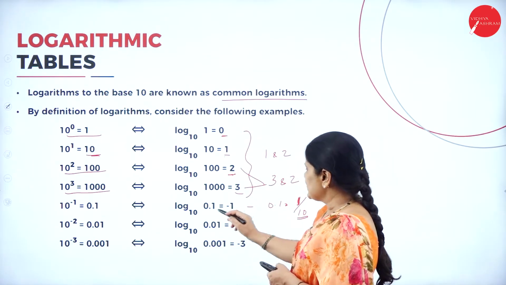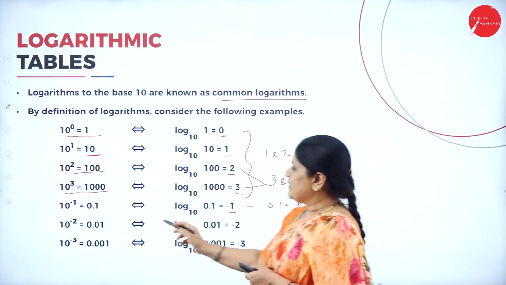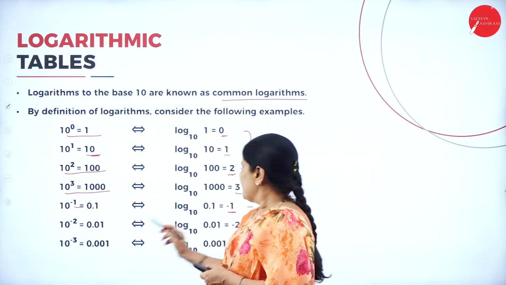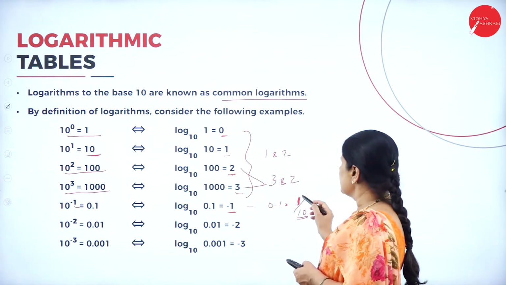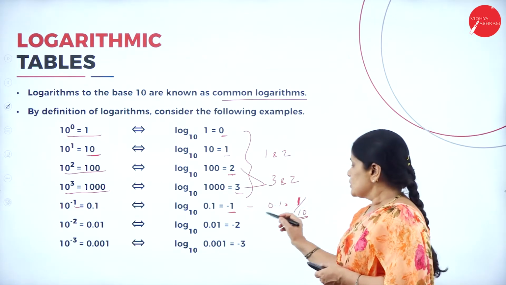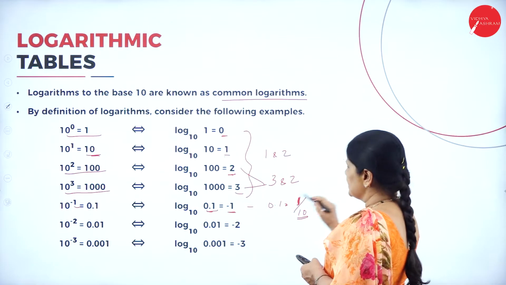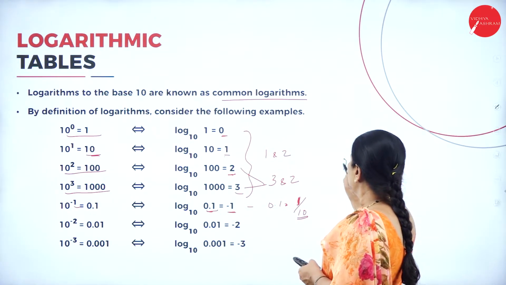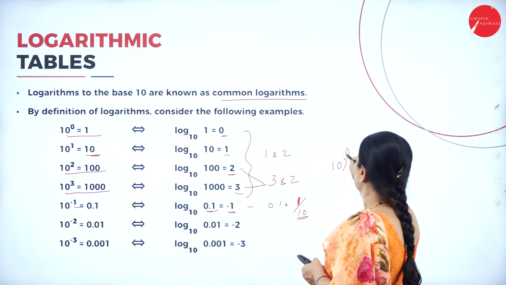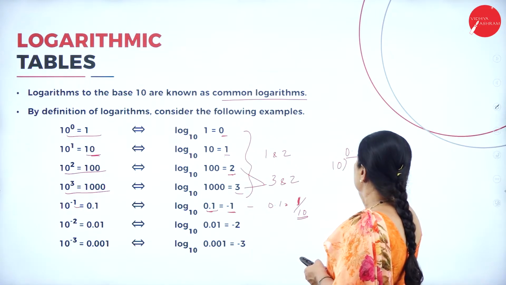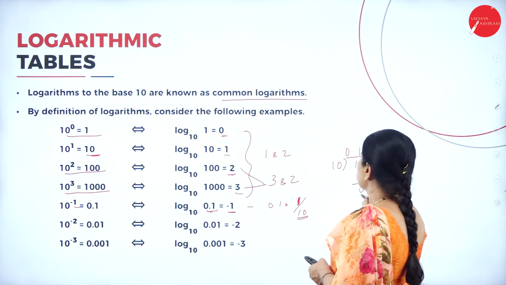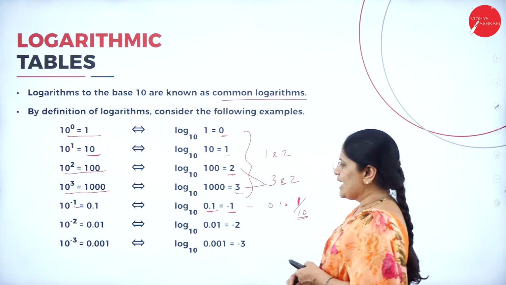So why is it minus 1? Because the power is negative. When the power is negative, we bring in this 1 by 10. So we write it as 1 divided by 10. So it does not go into 1, so we put 0. Then 10 ones are 10. So 0.1 is the answer.